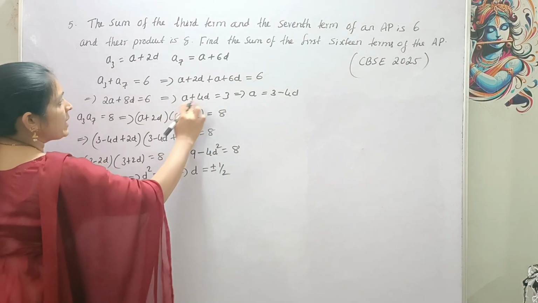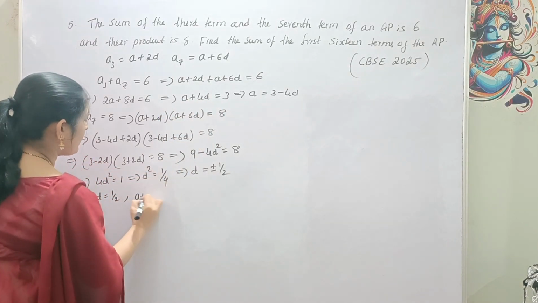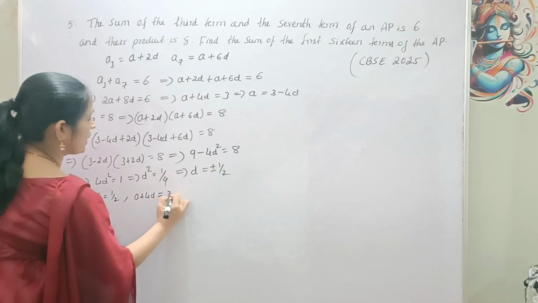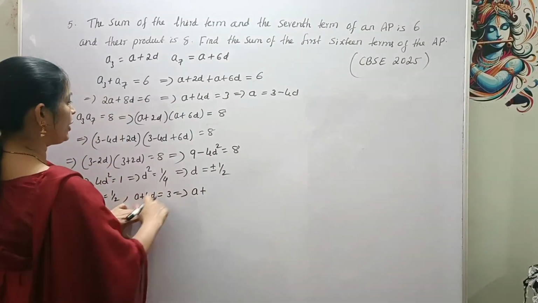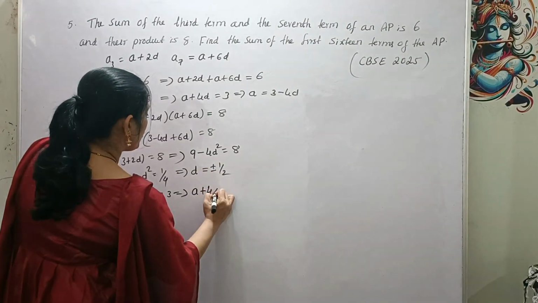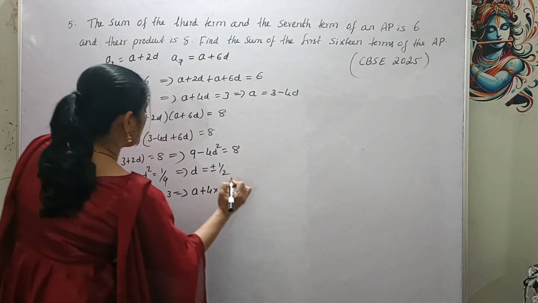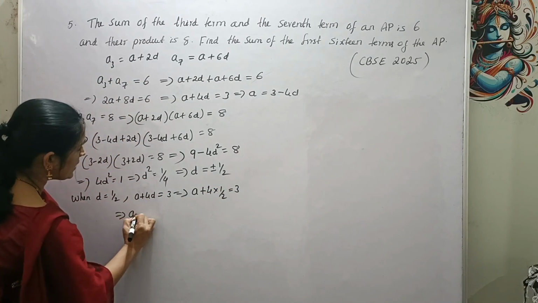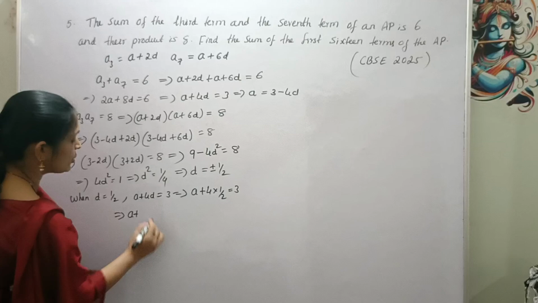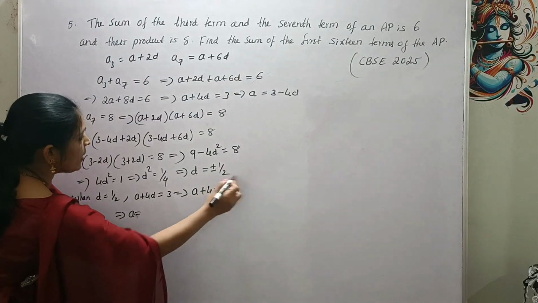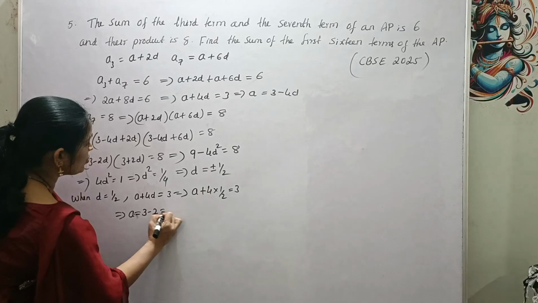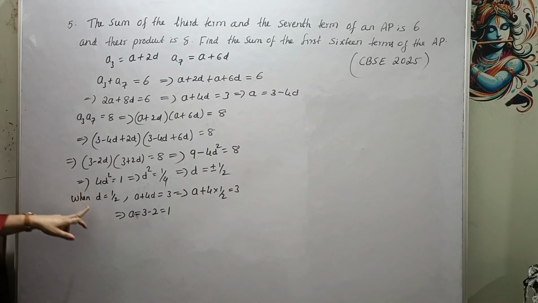Here we have A plus 4D is equal to 3, that implies A plus 4 into 1 by 2 is equal to 3. That implies A plus 4 by 2, that is 2. So A is equal to 3 minus 2, that is 1. So when D is equal to 1 by 2, A is equal to 1.